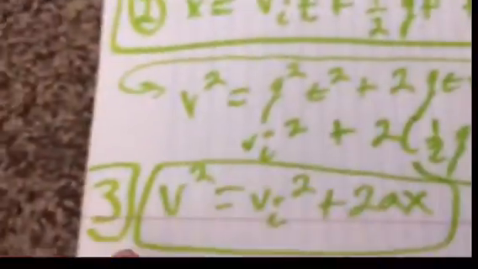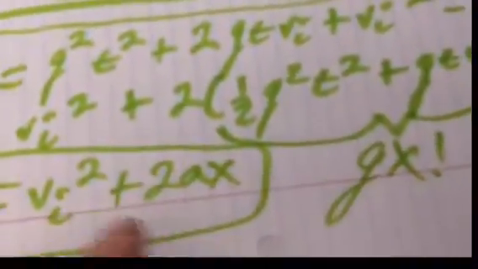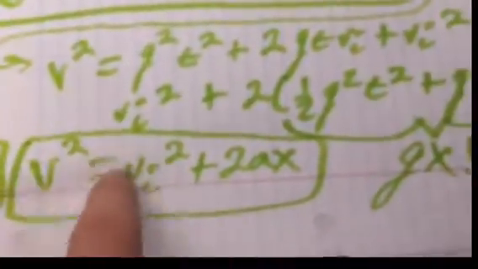Position is equal to this big mess here, and velocity squared is equal to the initial velocity squared plus 2ax. You have to do some algebra to get this one. It's much trickier than these two.